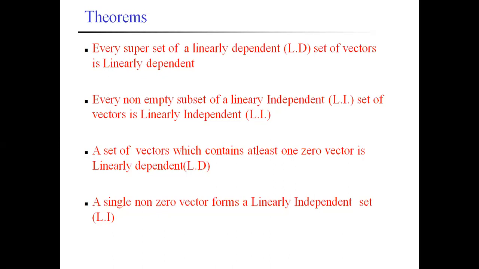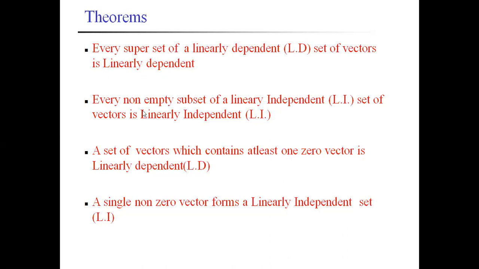For c belonging to some field, c times u is equal to 0. Since u is not equal to 0, c must be 0. That means the scalar is 0. That's why a single non-zero vector forms a linearly independent set.